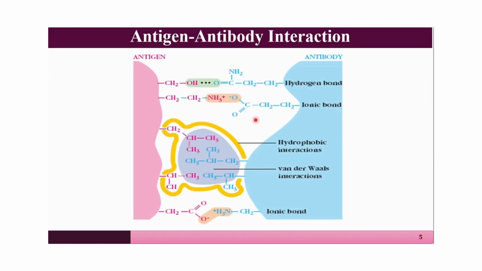Similarly, the antibody being a glycoprotein would have amino acids, and those amino acids could have the COO group or NH2 group exposed, and these interactions facilitate the antigen antibody interaction, which is a chemical interaction.